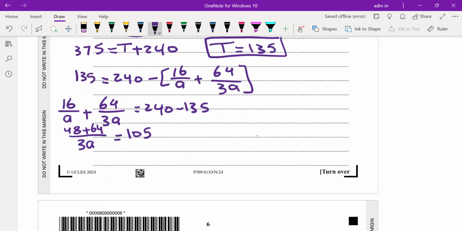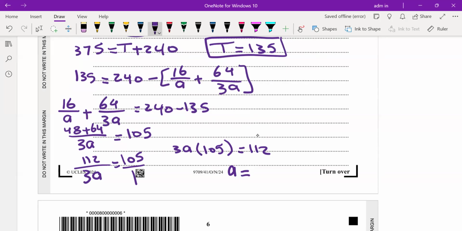Simplify more: 48 plus 64 is 112, divided by 3A, equal to 105. Using cross multiplication, 3A multiplied by 105 is equal to 112. So A is equal to 112 divided by 3 times 105. In its simplest form, the answer is 16 divided by 45.